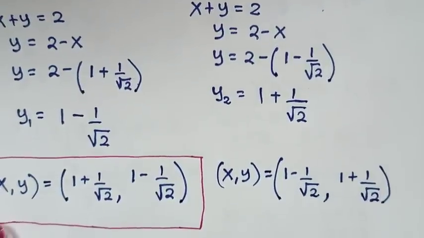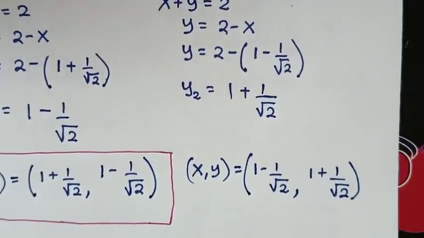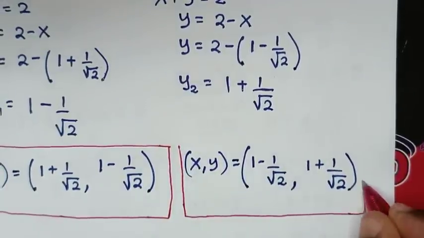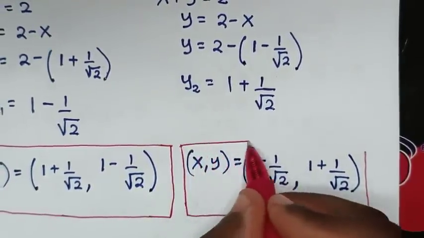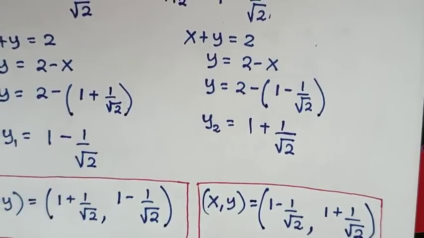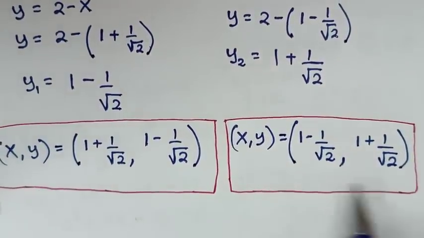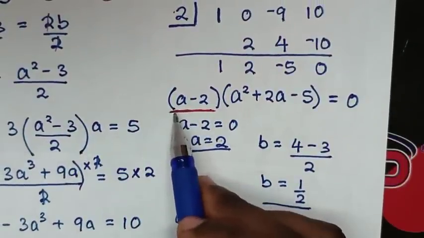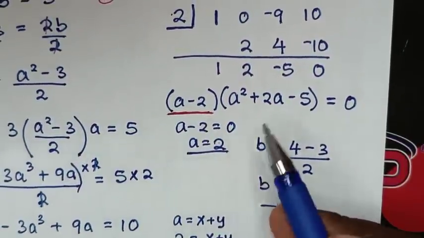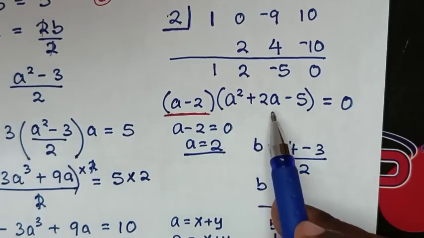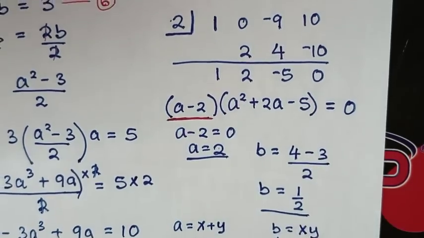So these are the other values of x and y. Then we remember this was the solution for only a equals 2. Then we should find again the solution for a squared plus 2a minus 5.